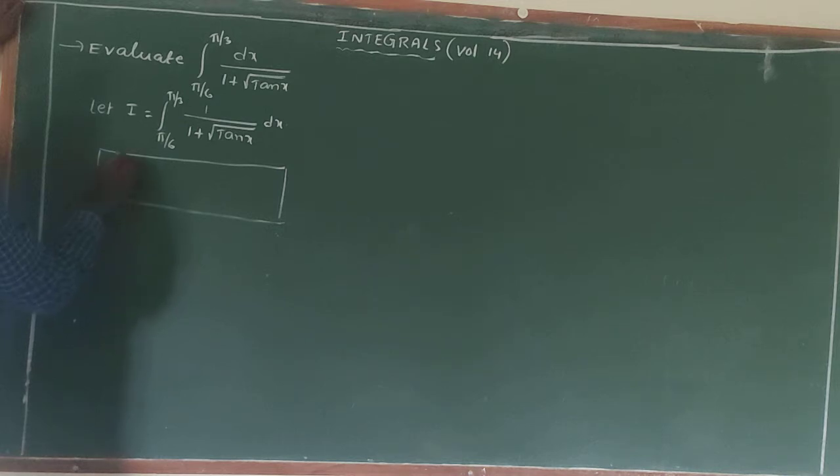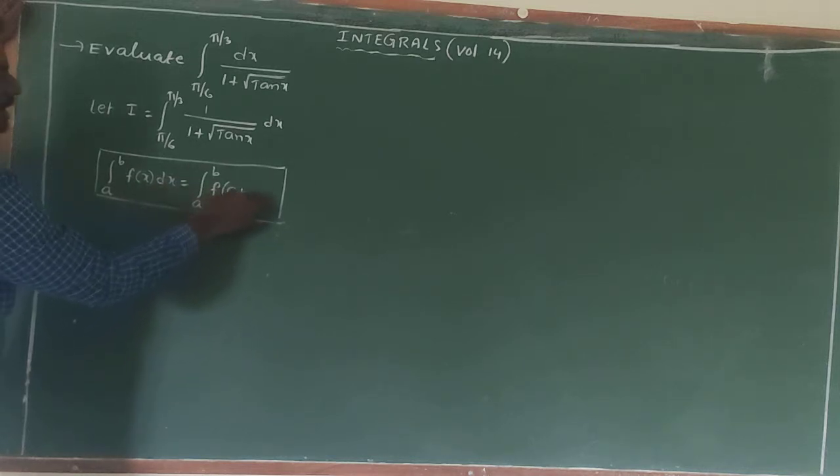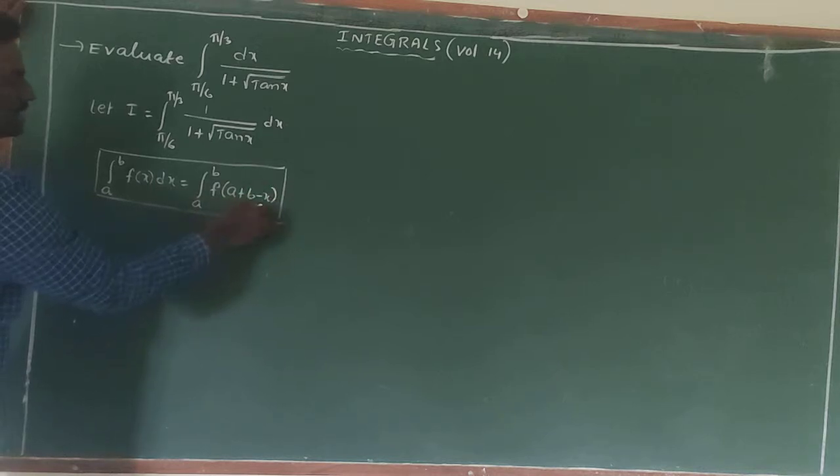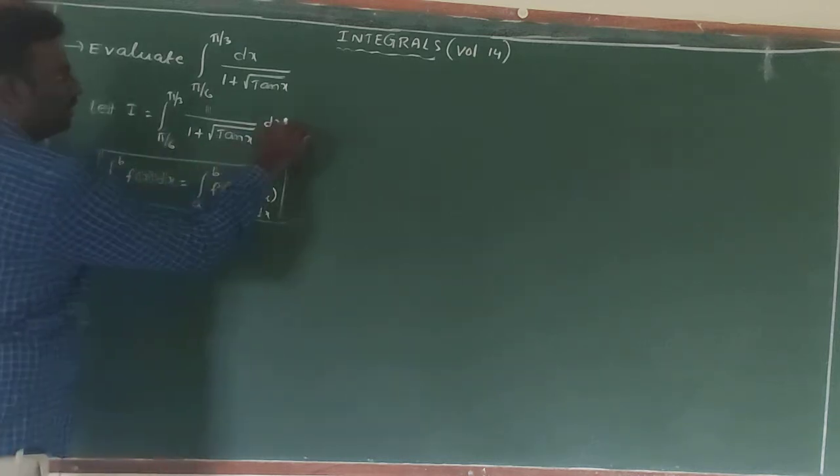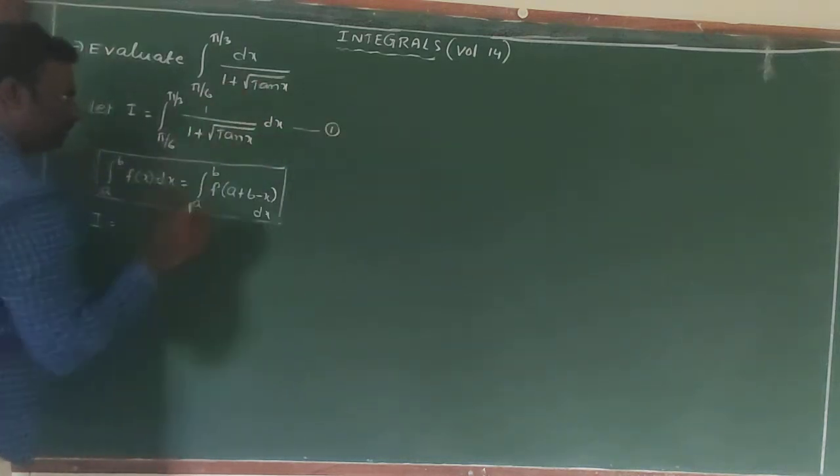Integral a to b f of x dx is equal to integral a to b f of a plus b minus x dx. So what is the meaning of the property? In place of x, we need to substitute a plus b minus x. A is pi by 6, b is pi by 3. Then I is equal to, now this is equation 1.